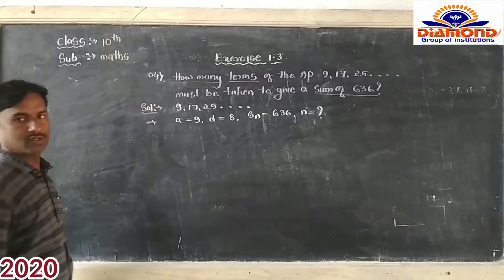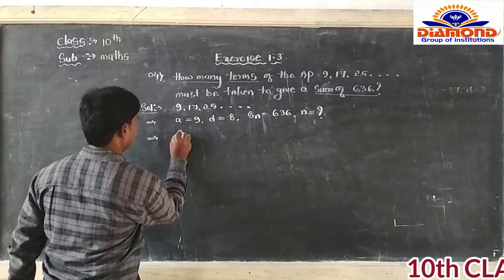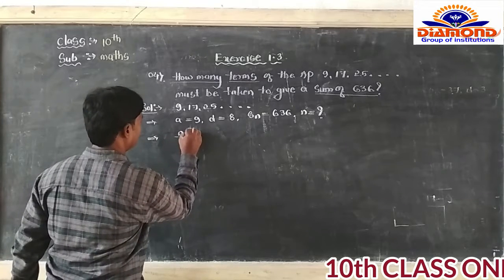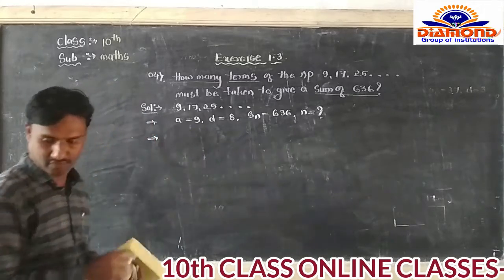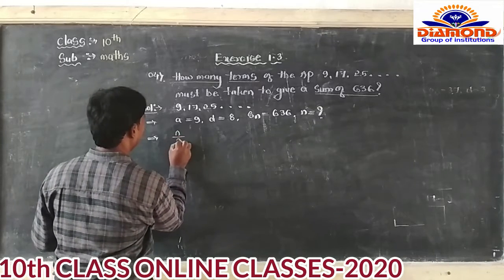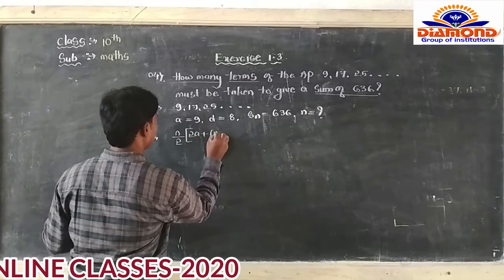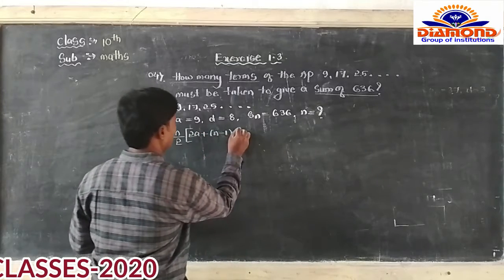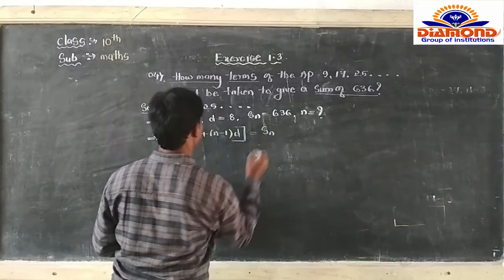Now the formula is Sn equals n upon 2 in the bracket 2a plus (n minus 1)d, whole bracket close.